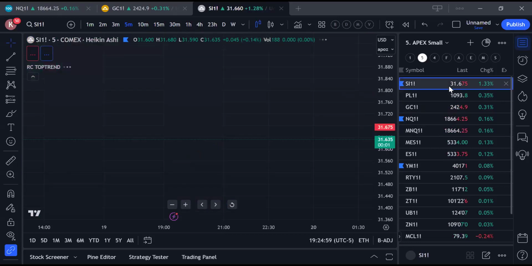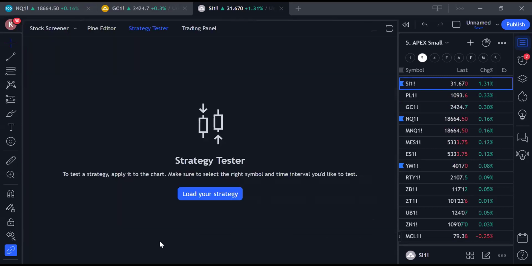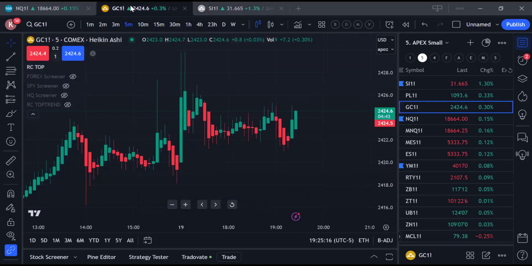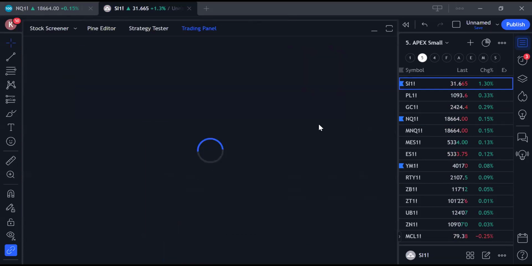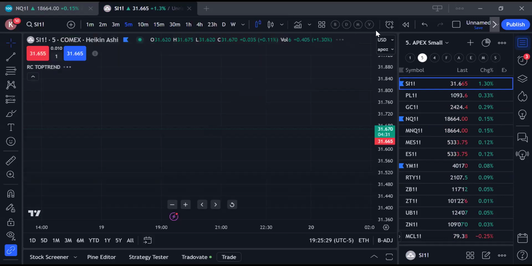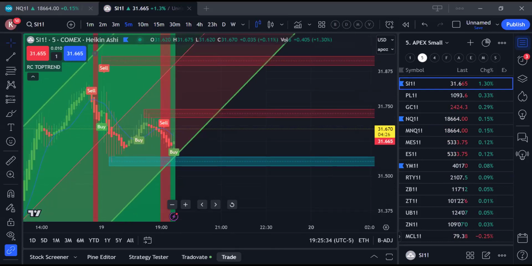Let's also look at silver. Silver also, you can see that we got a buy now, right? The background is green and the candle is also green. So I can go and enter a trade.